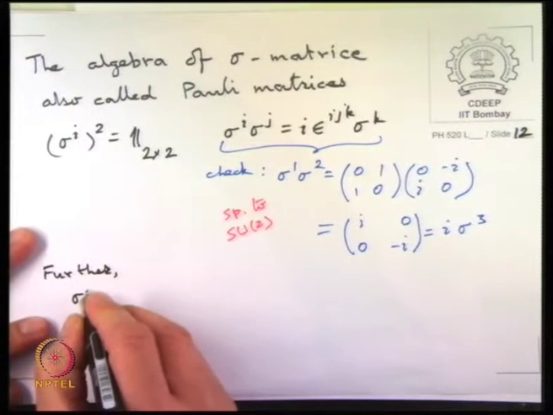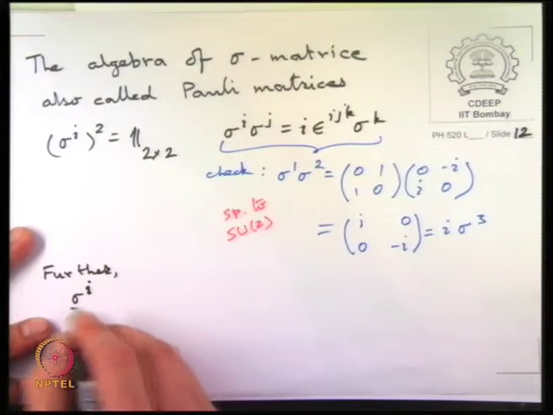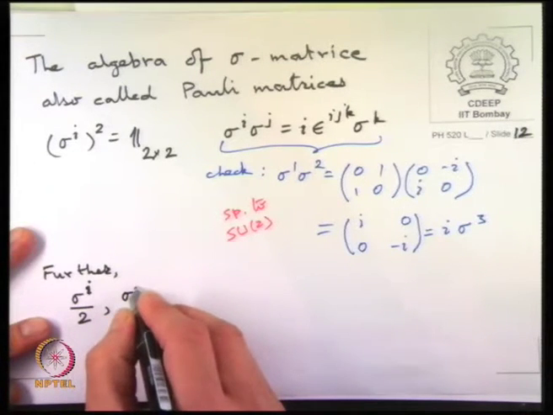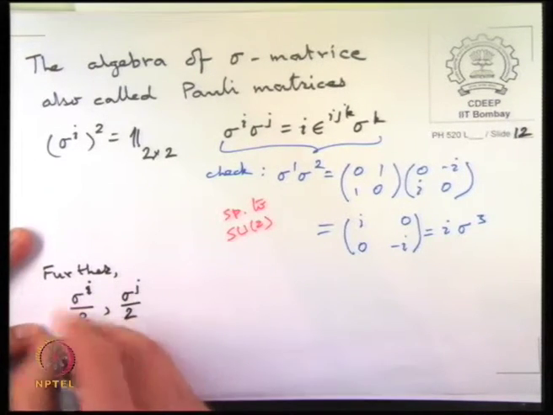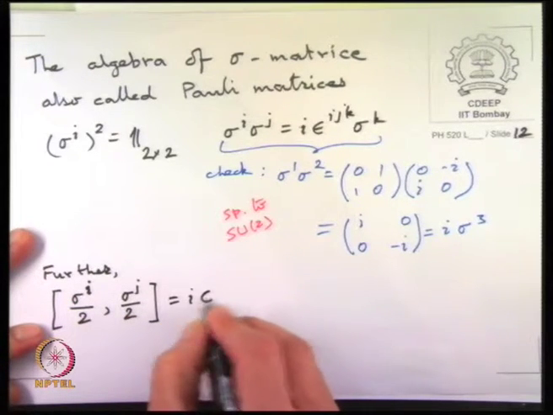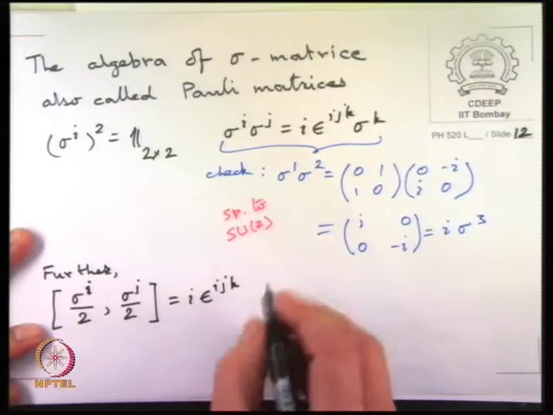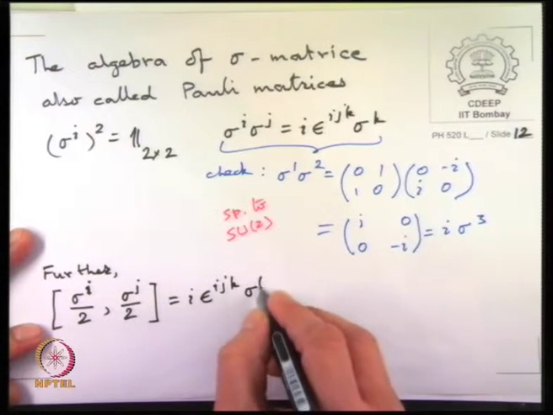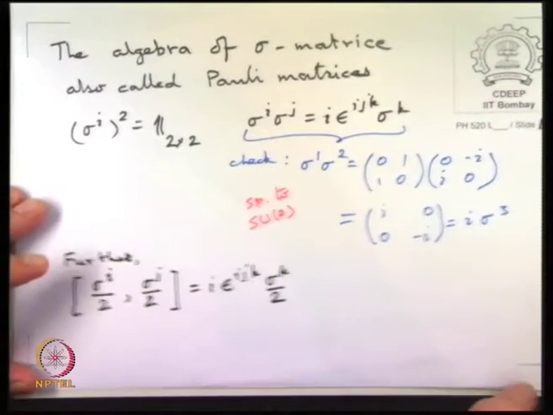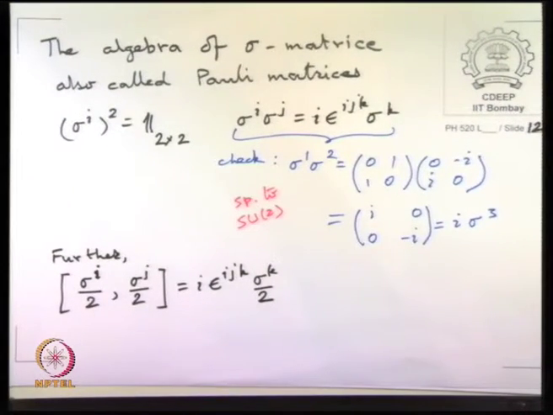So if we take sigma i by 2, and now I insert my favorite factor half, so we can check this if you like.